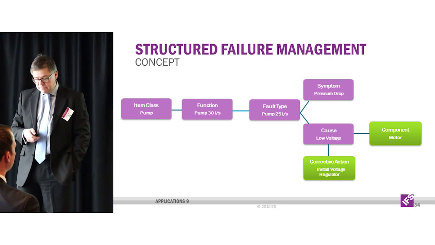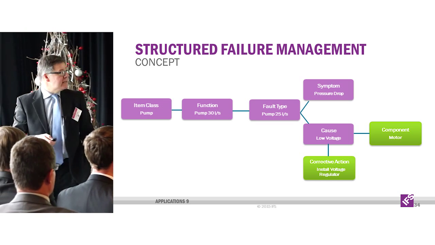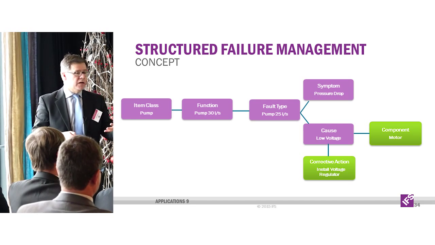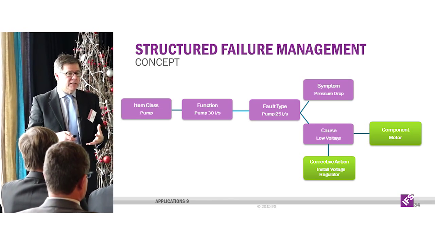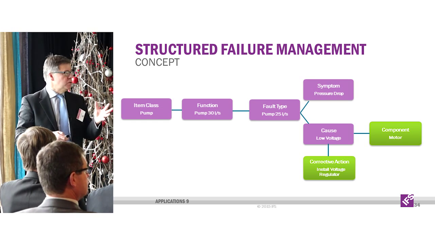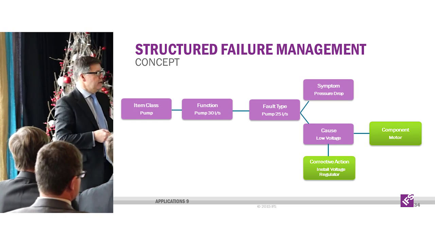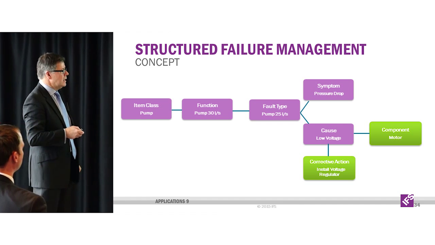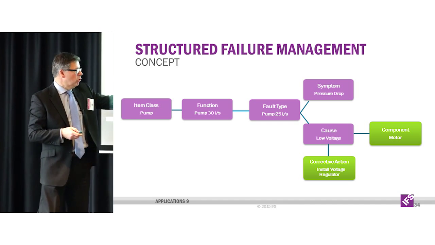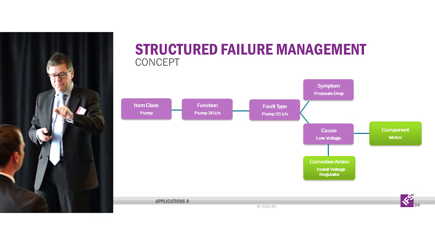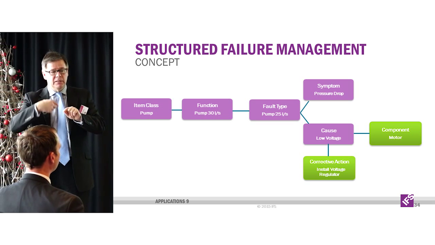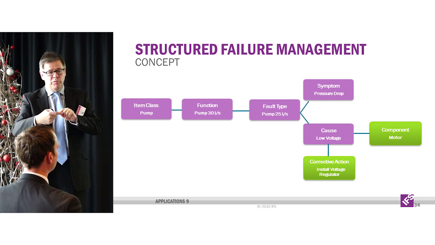We define those types of assets, and then we define the function of those assets, the failures that can occur against them, the symptoms of those failures, the causes, and then, more importantly, the job that needs to be done to repair or overhaul this item.